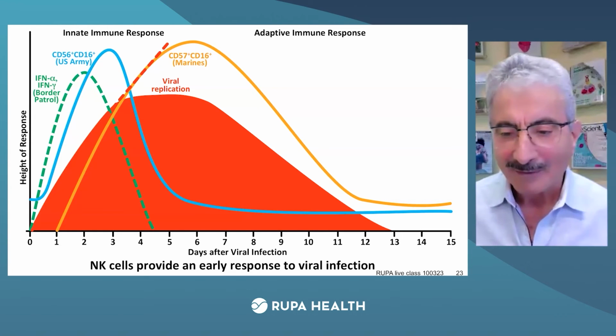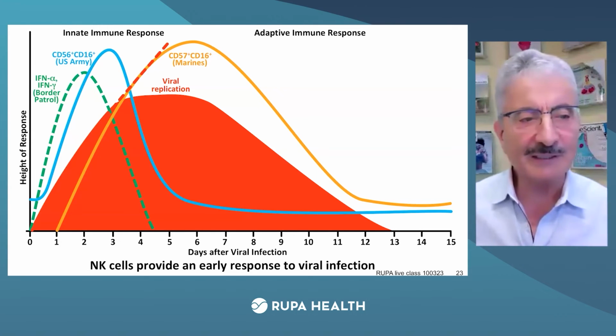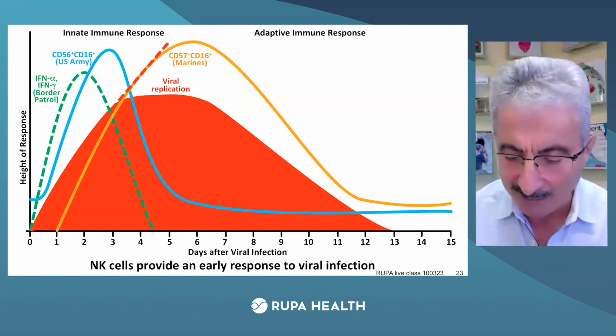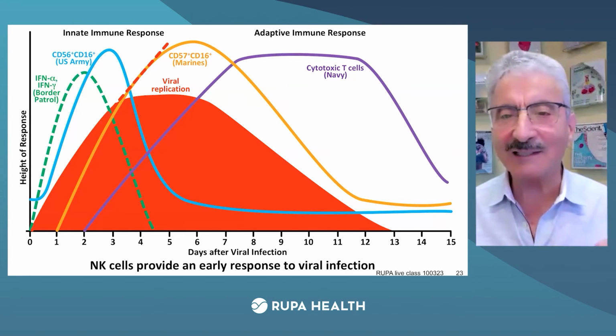Finally, we have another level of protection. In addition to CD56, CD16 positive, and CD57 positive, CD16 positive cells, that is the cytotoxic T cell.